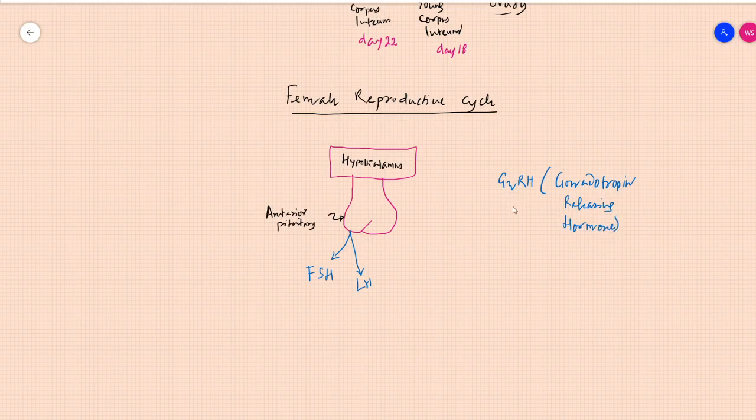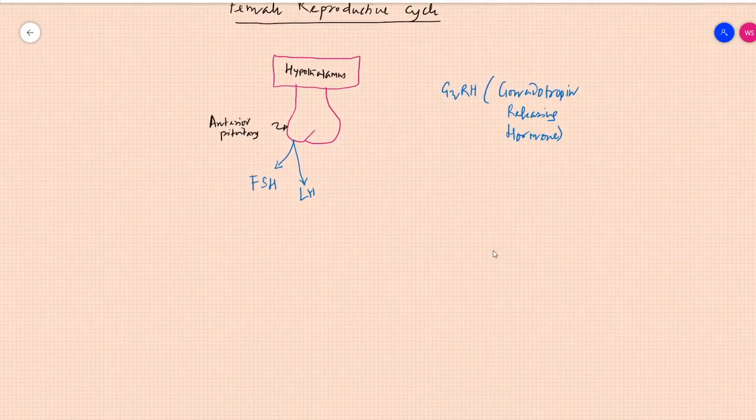Now, the gonadotropin releasing hormone begins its secretion, and the fashion of the secretion is it is pulsatile. Meaning it's not at a time. It varies throughout the day. So when something like that happens, we call it pulsatile. So the secretion is pulsatile, and it begins at puberty.